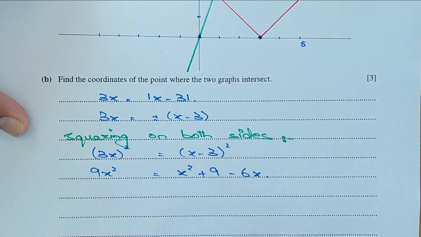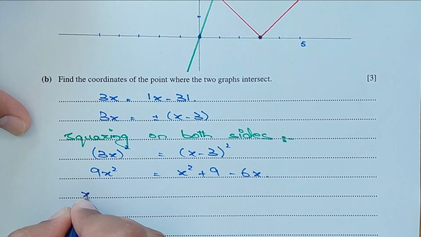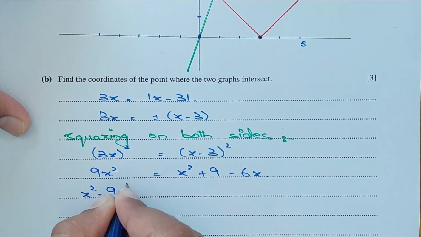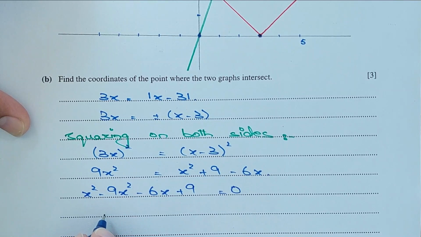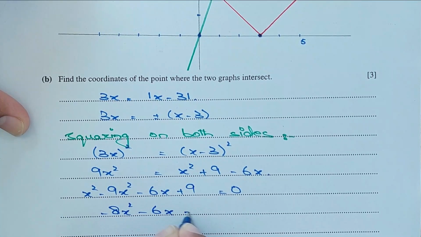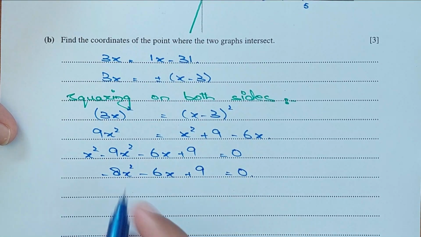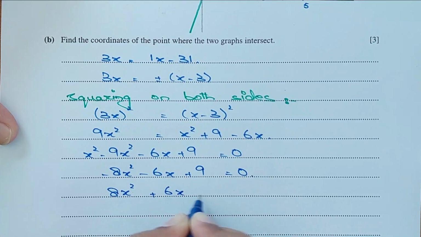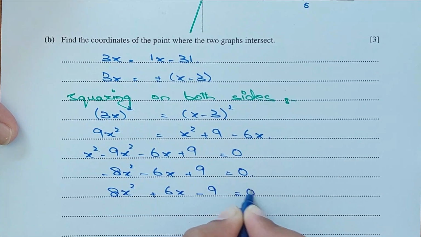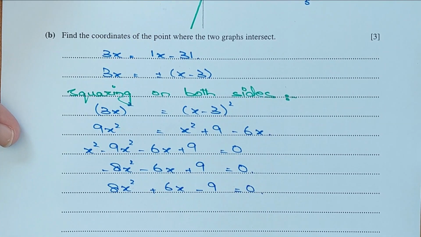Shifting all the terms to the left side, we get x² minus 9x² minus 6x plus 9 equals 0, that is minus 8x² minus 6x plus 9 equals 0. Taking the negative sign common, we have 8x² plus 6x minus 9 equals 0. Now let me factorize this.